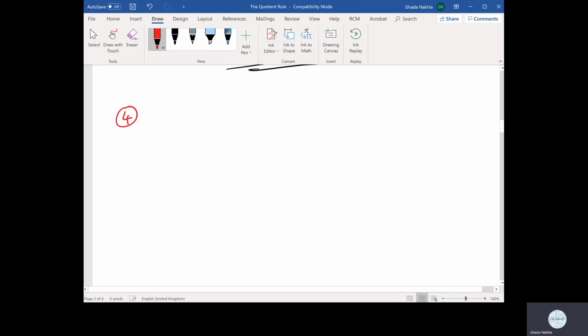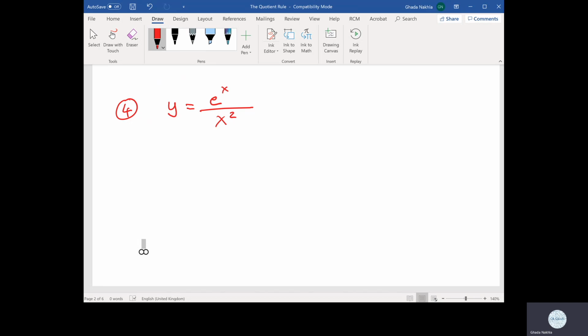I think we're on 4 now. And let's go y equals e to the x divided by x squared. Again, you need to ask yourself, which rule am I using? Chain? Not really. Product? Not really, because I don't have two functions multiplied together.